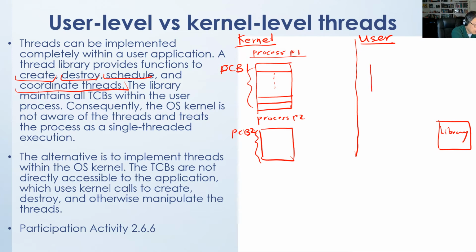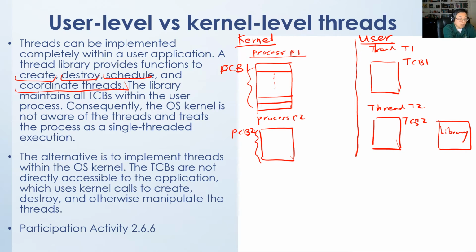Let's say I create thread T1 and thread T2. Then the corresponding thread control blocks, TCB1 and TCB2, will be created. So the process P1 has two threads, T1 and T2.